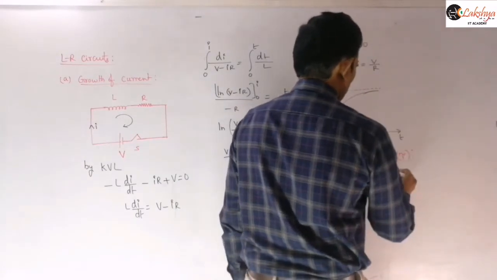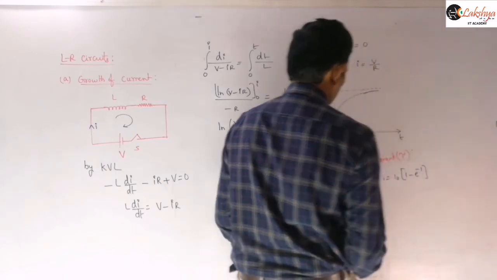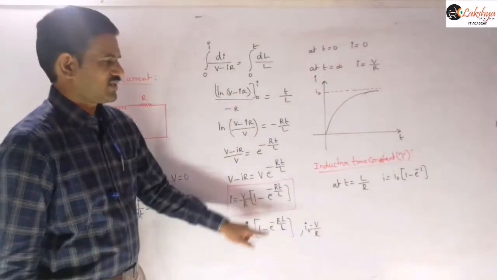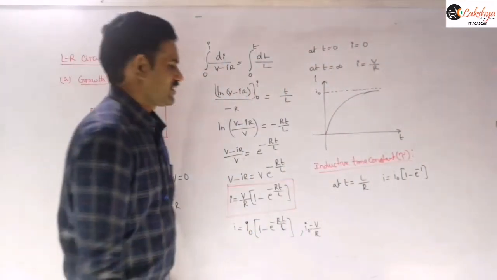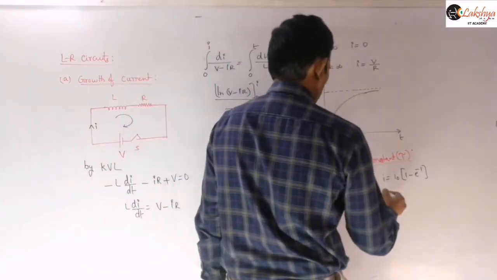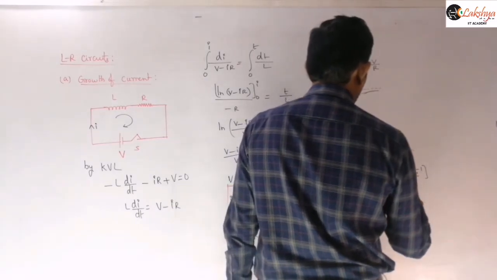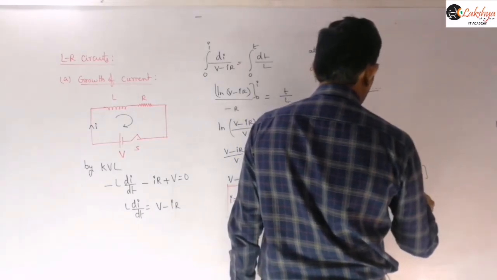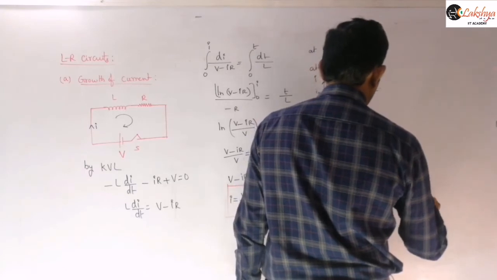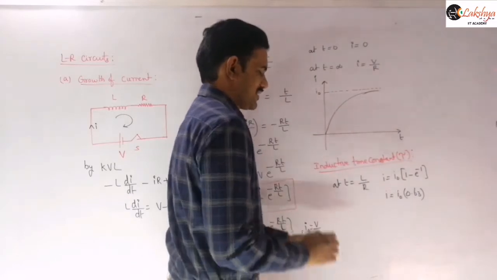So I naught into 1 minus e power minus 1 you will get. If you substitute t is equal to L by R, then you will get this as minus 1. Therefore this expression I can write as I is equal to I naught into approximately 0.63.